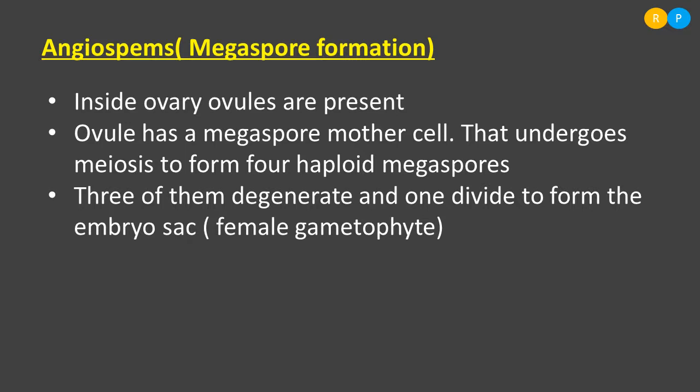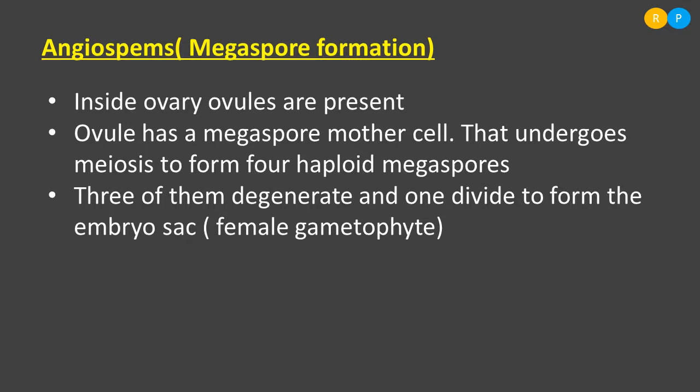Those 3 megaspores disintegrate. That means they degenerate in the ovule. They disappear and do not develop further in the ovule. Understood? Only one megaspore is retained within the ovule, and it increases in size, and that megaspore is nothing but the female gametophyte.